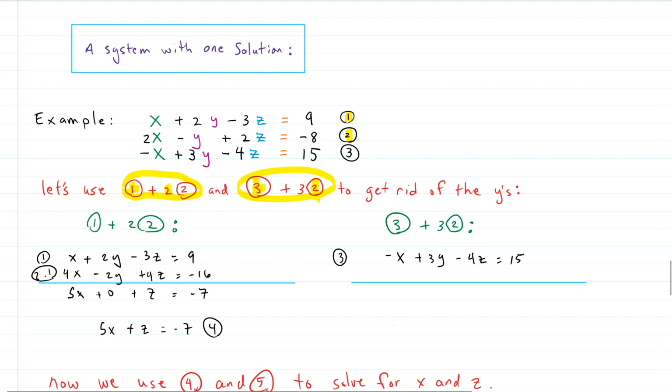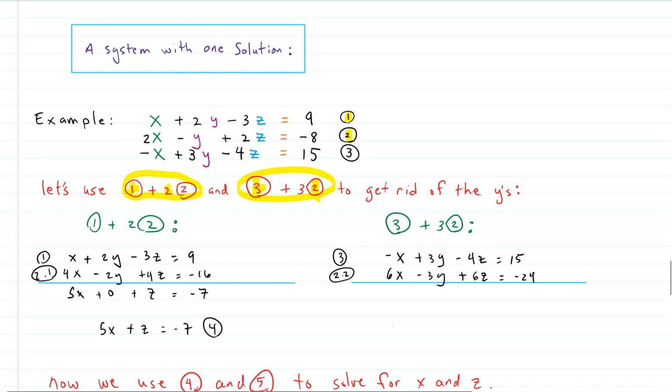Now let's do 3 times equation 2. That gives us 6x minus 3y plus 6z equals negative 24. We'll call this 2.2 because it's not equation 2, it's something different.